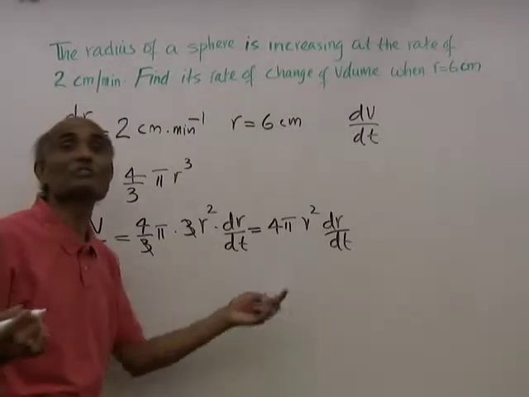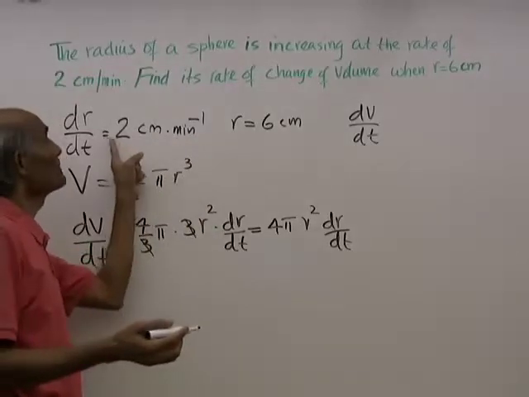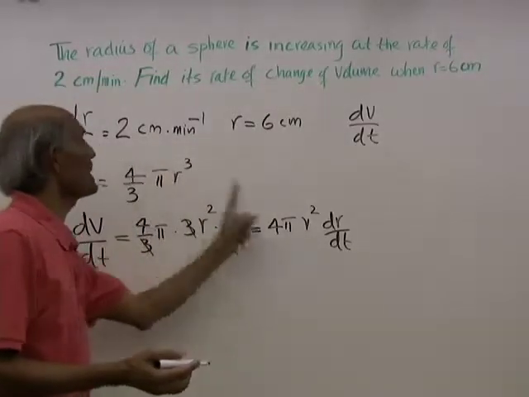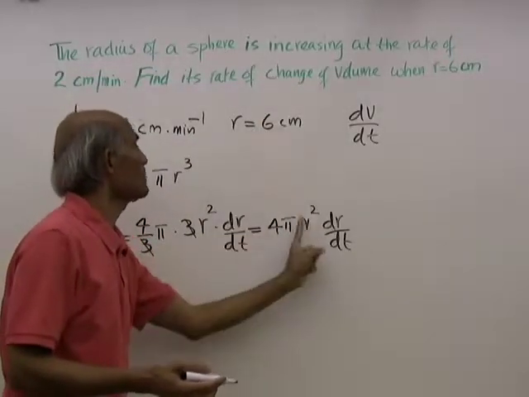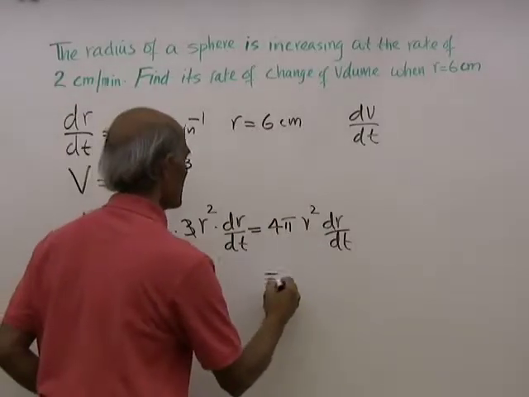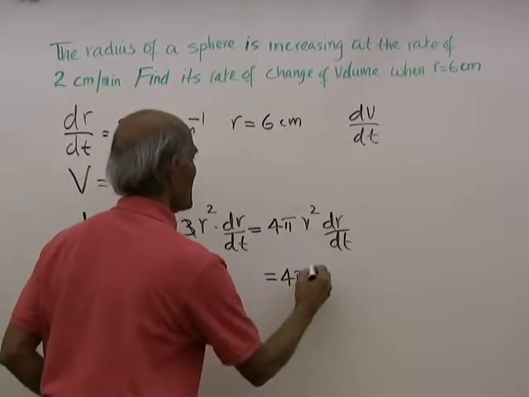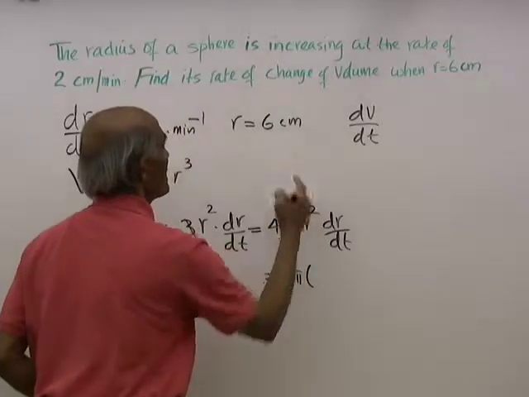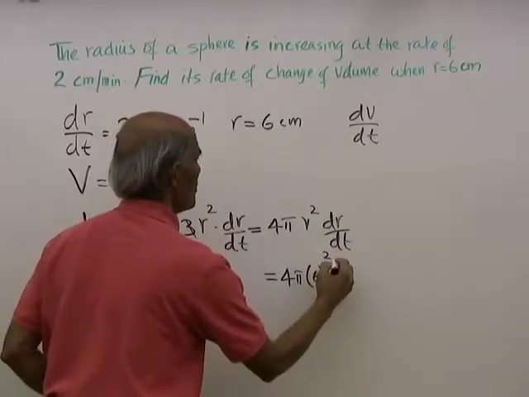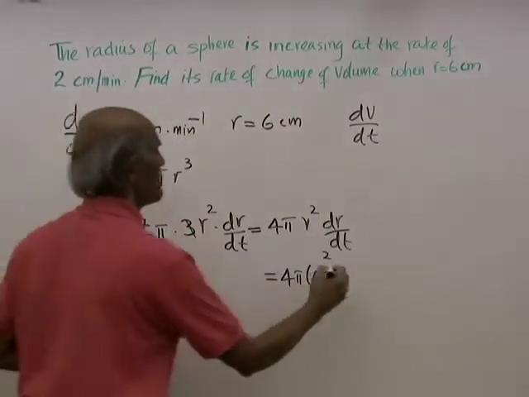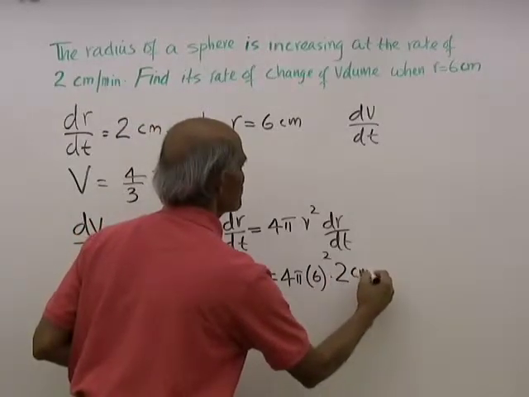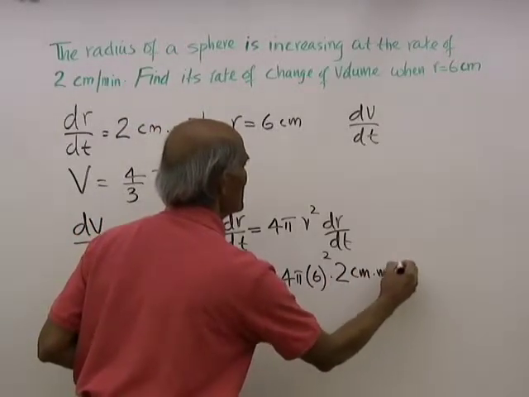What is left for us to do is simply bring the known values. dr by dt is known, r is known, so that will be 4 pi times r is 6 squared times dr by dt is 2 centimeters per minute.